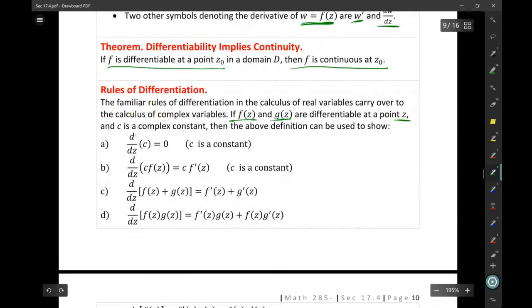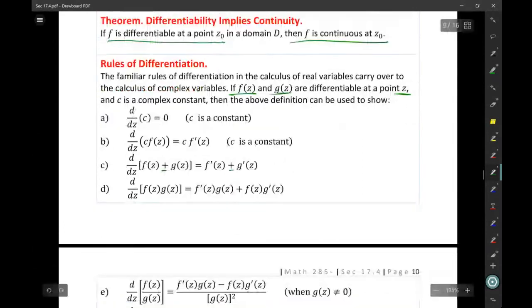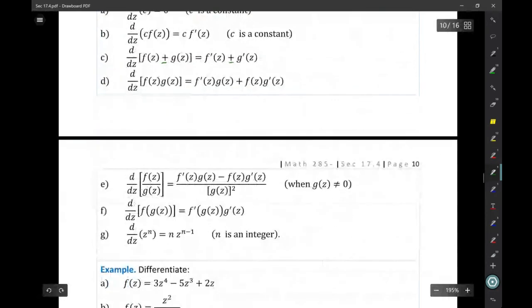You can take a constant outside. d by dz for f of z plus g of z is equal f prime plus g prime. The same procedure with negative also. d by dz for f of z times g of z is equal f prime times g plus f times g prime. The same rule of calculus 1.